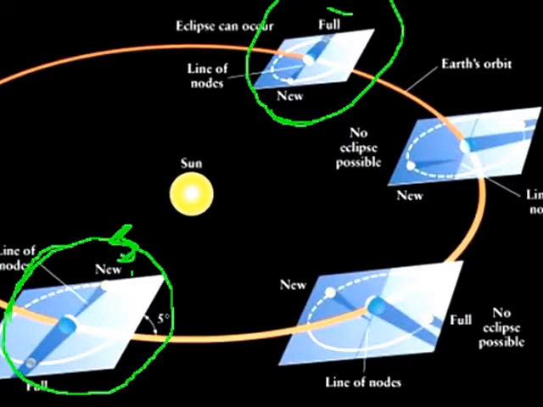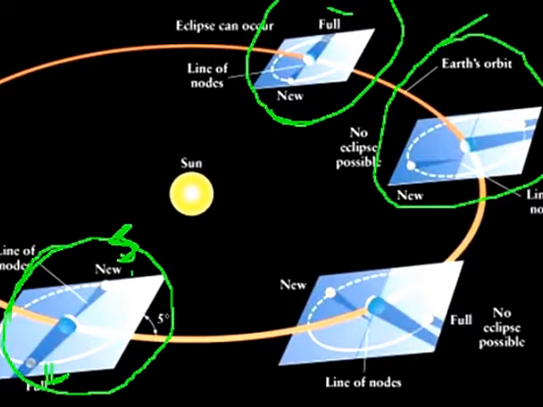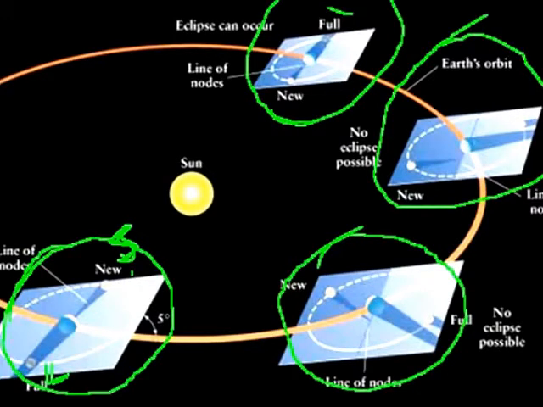I'll put an S here for solar. And over here, we would have a lunar eclipse. That's where the Moon goes into the Earth's shadow. On these other 2 occasions, there is no shadow touching another object. So there are no eclipses when the Moon is new or full, and the same on the other chart.